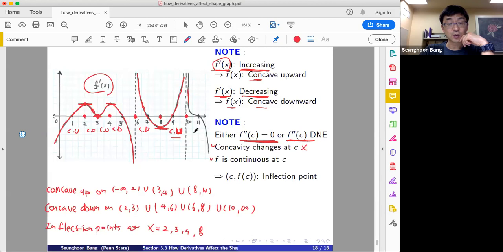Decreasing. Decreasing is concave down. So the concavity changes, and the function f is continuous from the assumption. Yes, at 10 we have an inflection point. So you got it? This is the whole idea for solving this kind of problem.